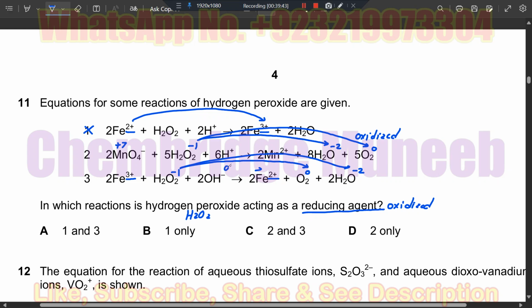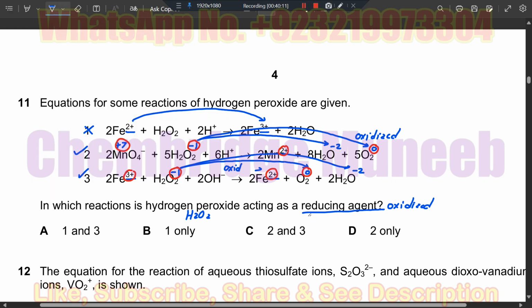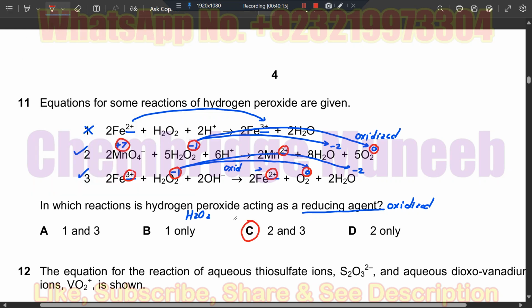So we can consider that both equations 2 and 3 are correct in this sense: plus 7 to plus 2 and plus 3 to plus 2. So the third equation is also the right equation, and the right option becomes option C.